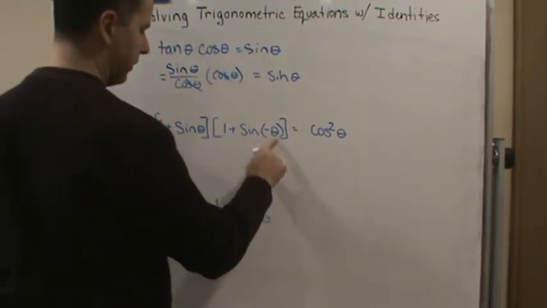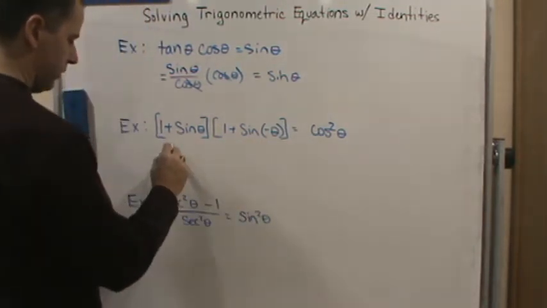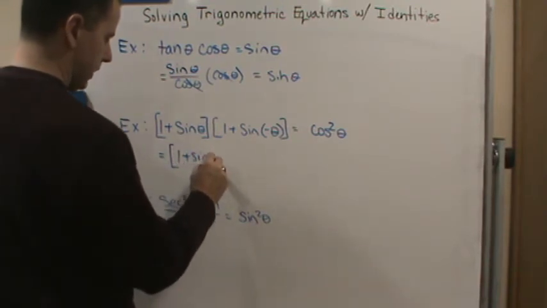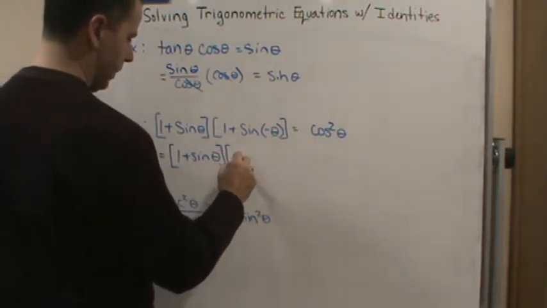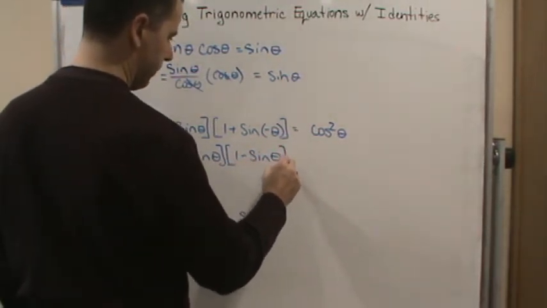So what's going to happen here? We're going to get this to be negative or a subtraction. So this is going to give us 1 plus sine theta times 1 minus sine theta.